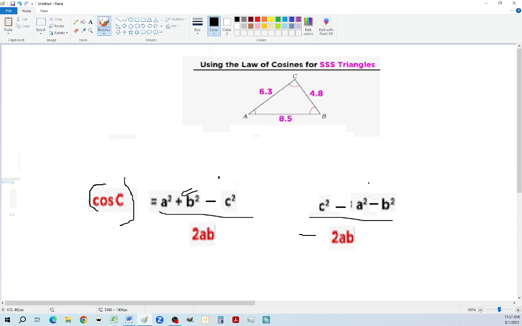The only thing that's happened here is this has a plus in front of it instead of a negative. This is negative, this is plus, this is positive, this is negative. The negatives will all cancel out. These are actually the same equation, just negated. For instance, if I divide everything up here by minus 1 and factor out a minus 1, I get minus c squared plus a squared plus b squared.